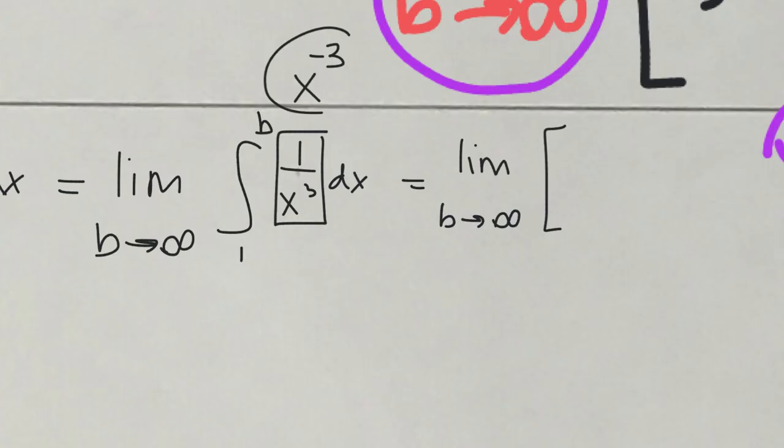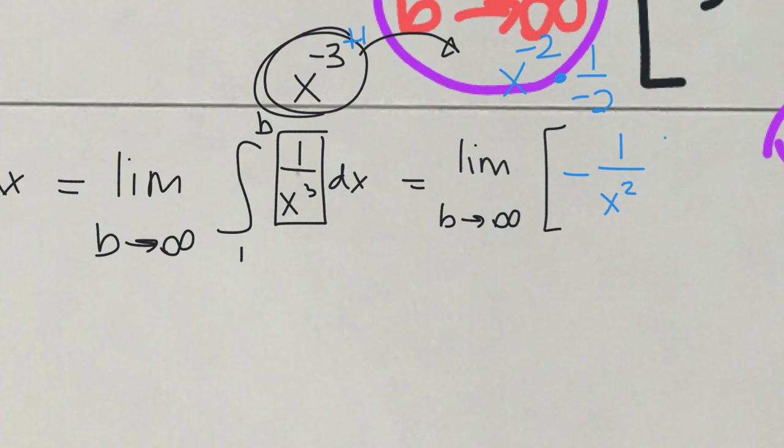So what's the antiderivative of x to the negative third? Well, that would be x to the negative second, because we add 1 to the power. Negative 3 plus 1 is negative 2, and then we divide by negative 2. So if I rewrite this as a single proper fraction, that's the negative of 1 over 2x squared from 1 to b.